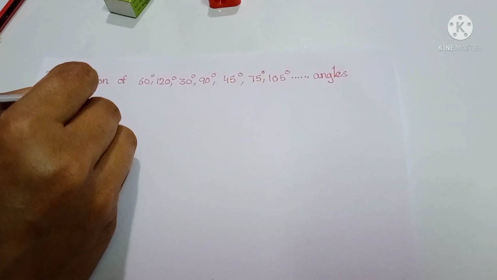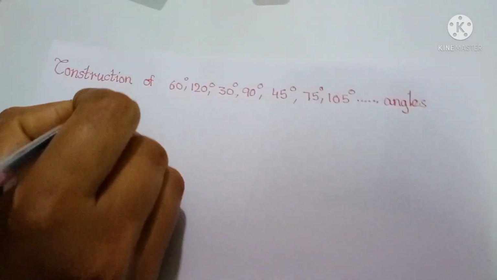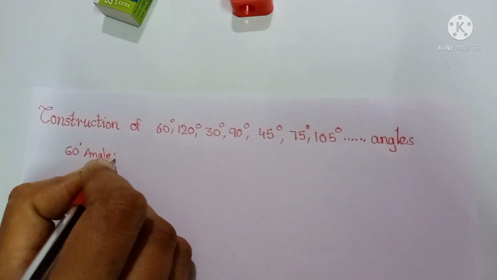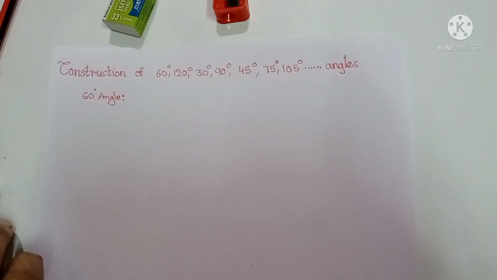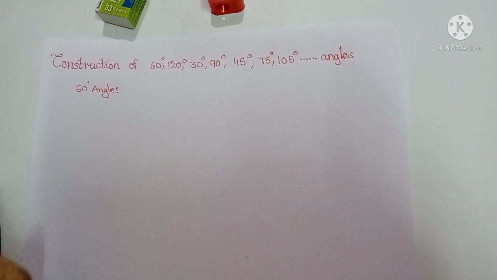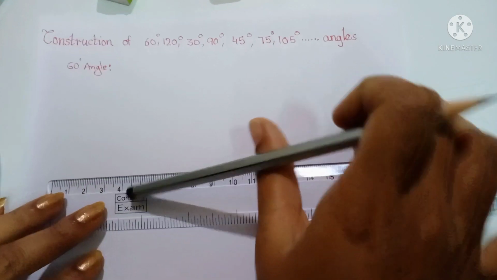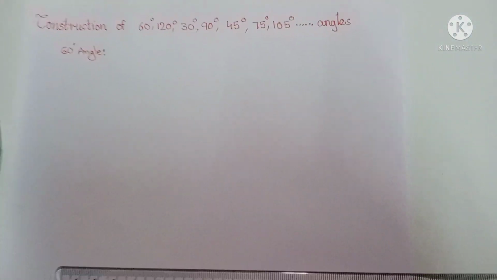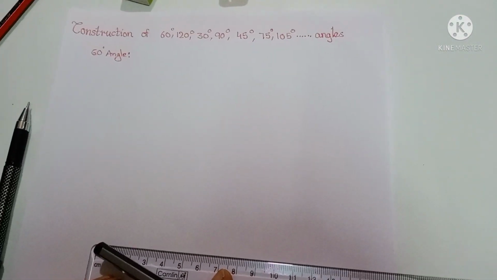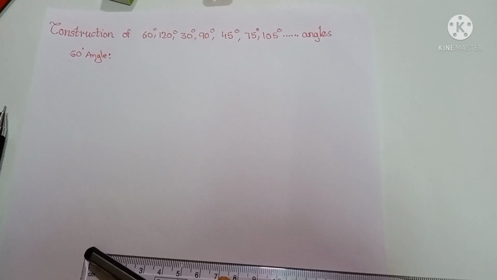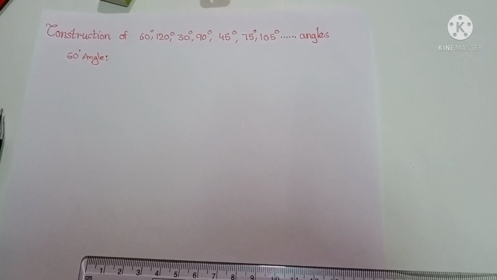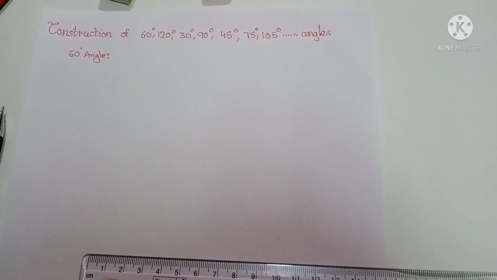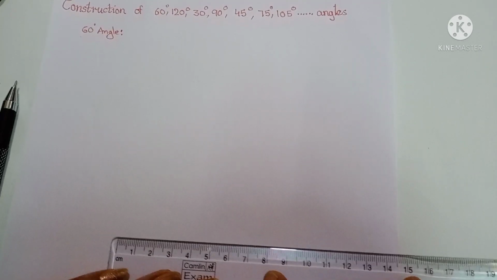Take a pencil and scale. Draw a ray AB of any measurement.